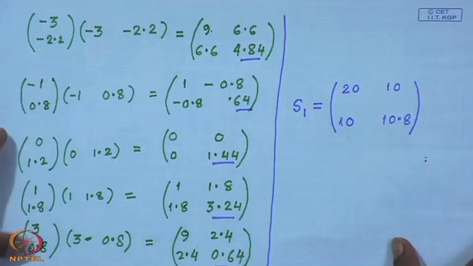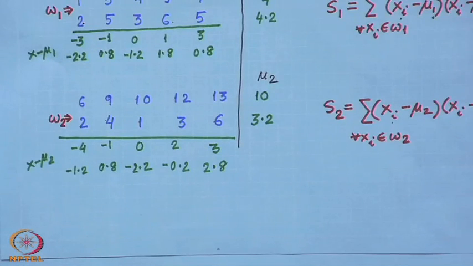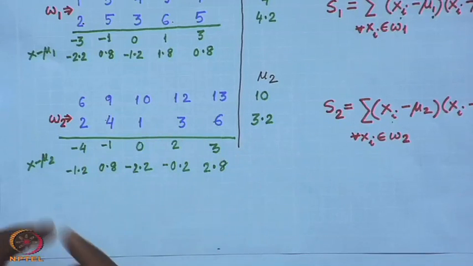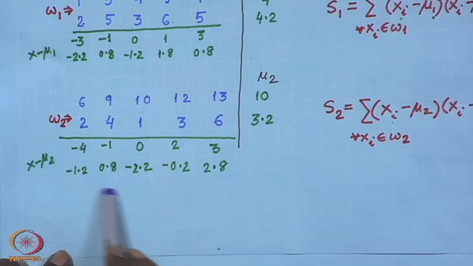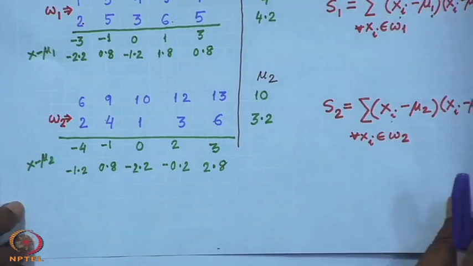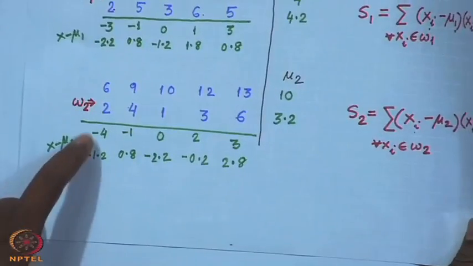Similarly, let us compute the scatter matrix S2. For computation of scatter matrix S2, I have x minus mu 2 for every x belonging to class omega 2. So, the first vector is minus 4, minus 1.2.